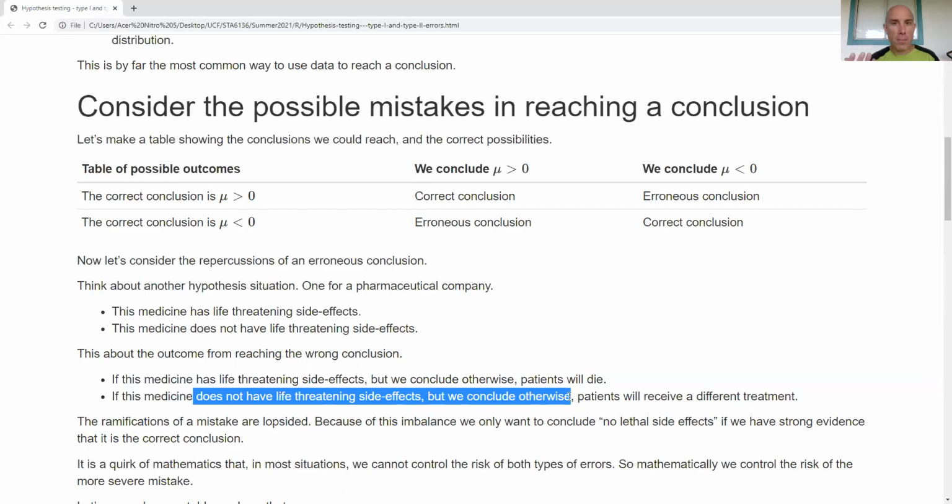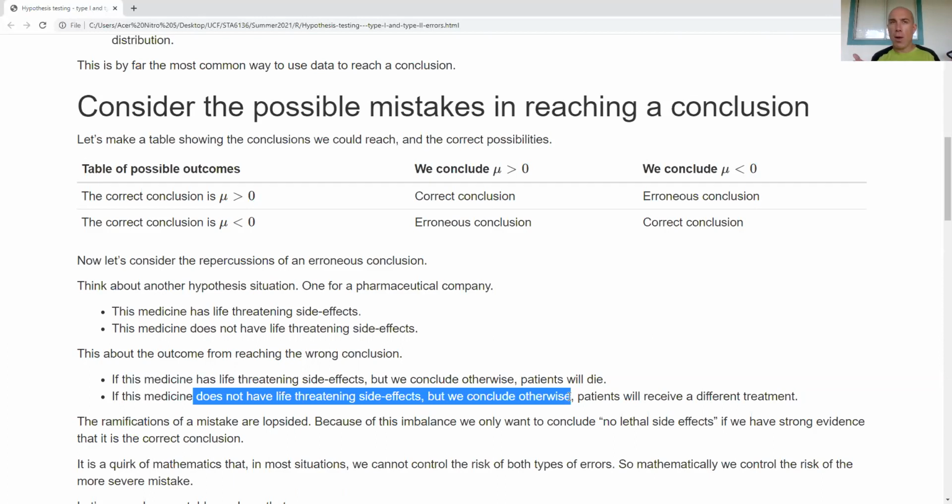Now, our company isn't going to make as much money because now the medication is not going to be used, but compared to getting sued for killing patients with medications, that's not too bad. All right, so we can see that patients just receiving a different treatment is a much lower penalty for making a mistake. Now I want to think about both of those.